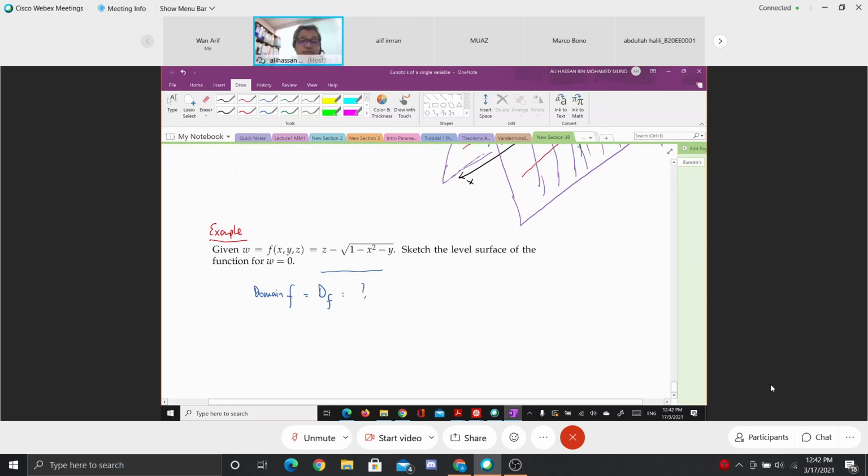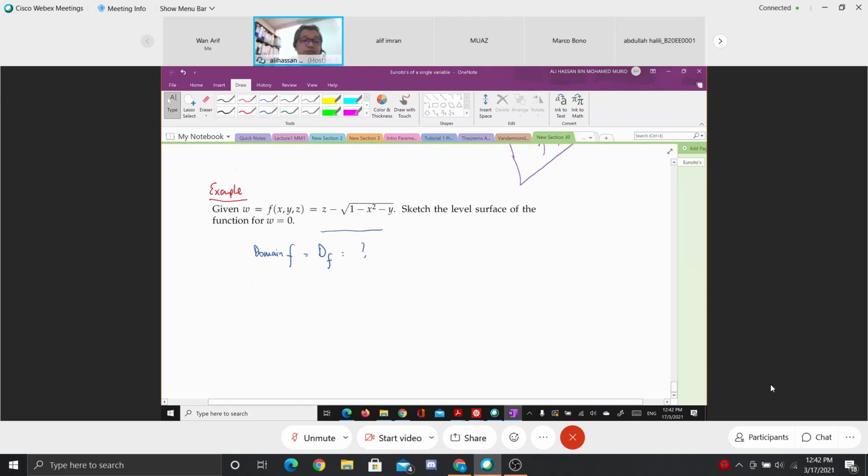So that means we must have 1 minus x squared minus y greater than or equal to 0. There is no restriction on z, but for the square root sign we have this restriction.